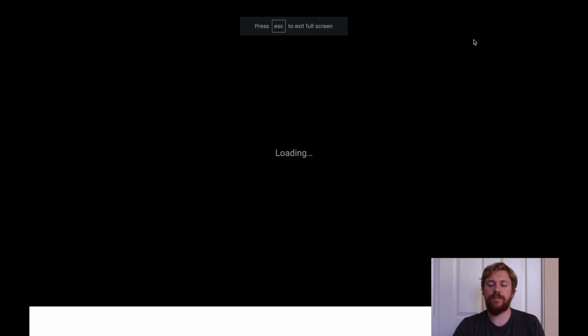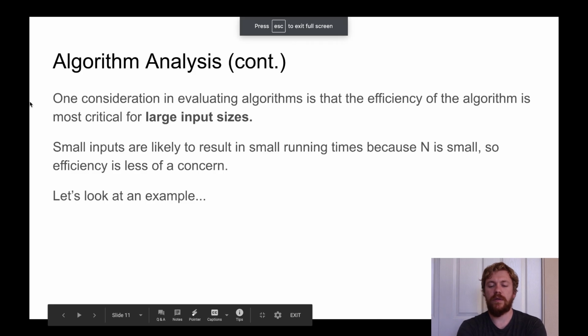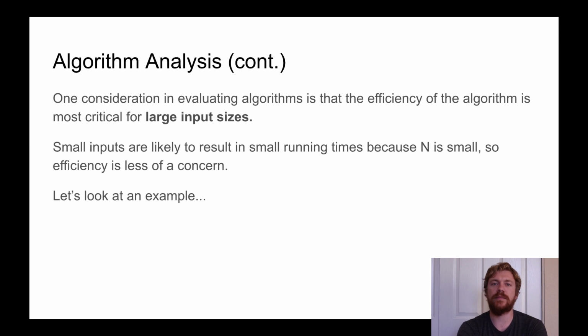If your array only contains 32 items and you're going to apply some sort of searching or sorting algorithm, it's going to be very fast. And so n is quite small. But how does it start to perform when you get to 200,000, 200 million, or 200 billion items? N starts to get very, very large. And so the large input sizes are what we care about. Small ones are basically negligible.